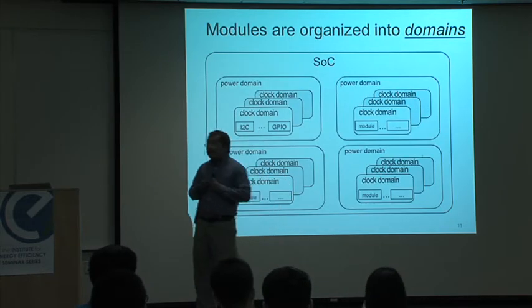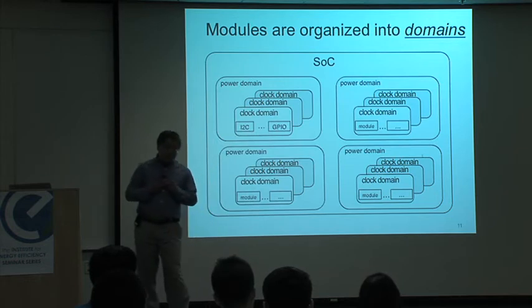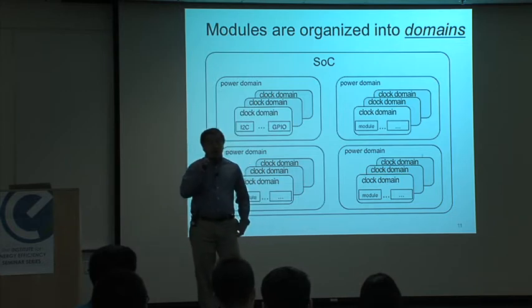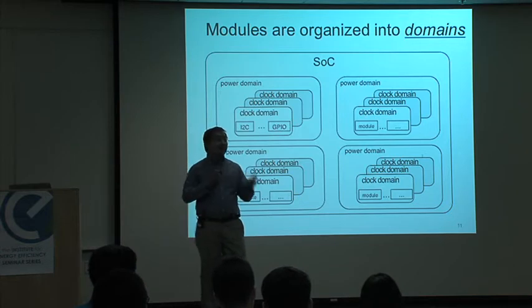Now, the second thing about SoC power management is that the modules are organized into domains, right? Not every module has its dedicated clock source, because a clock source takes extra hardware: frequency synthesizer, PLL, divider, whatever. So often a group of modules share a clock source.